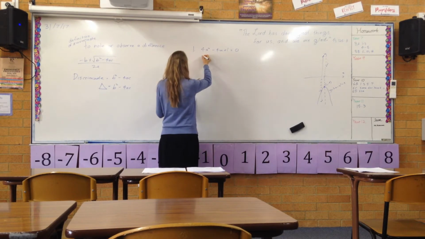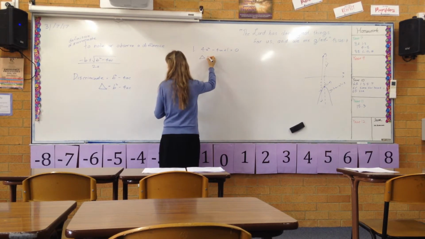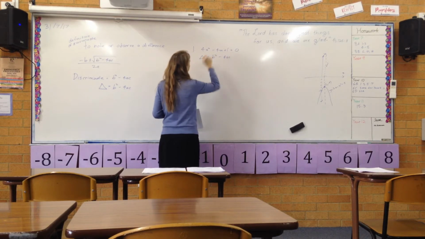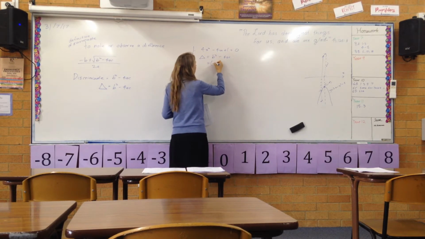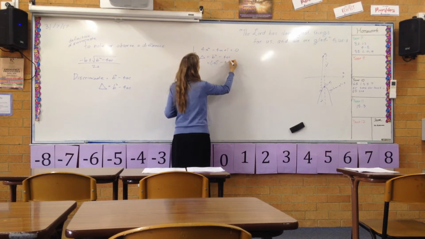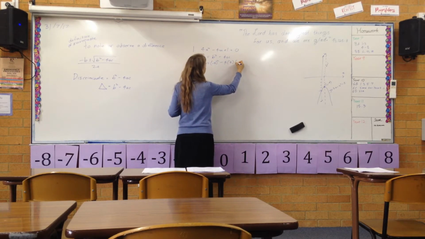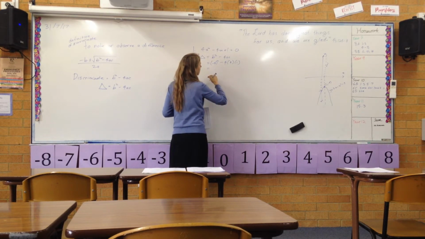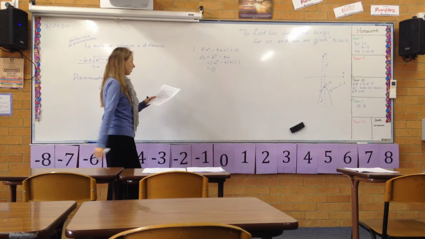So what we're doing is this: the discriminant is b squared minus 4ac. B squared, which is minus 4 squared, minus 4 times a, which is 4, times c, which is 1. Okay, so this is 16. 16 minus 16, which is? The discriminant of this one is 0.